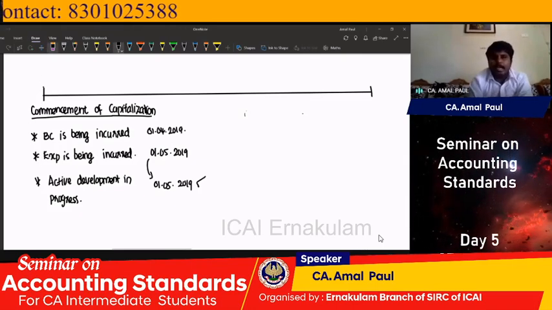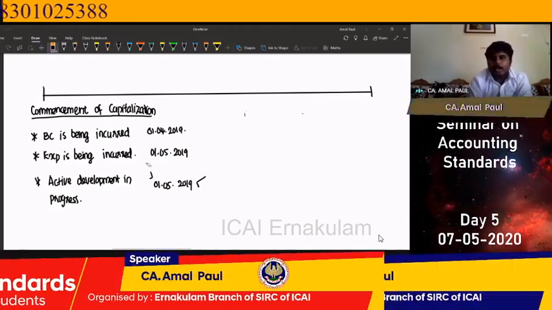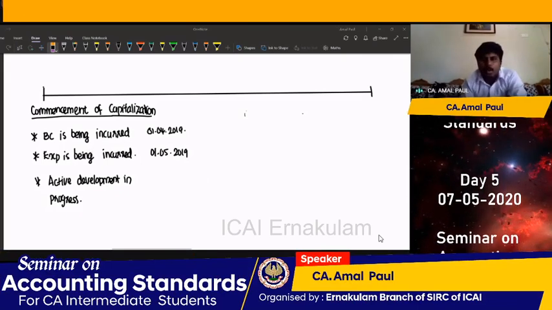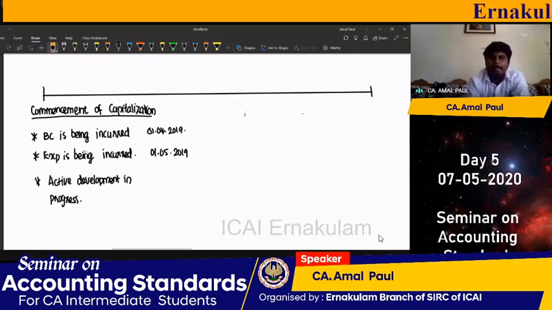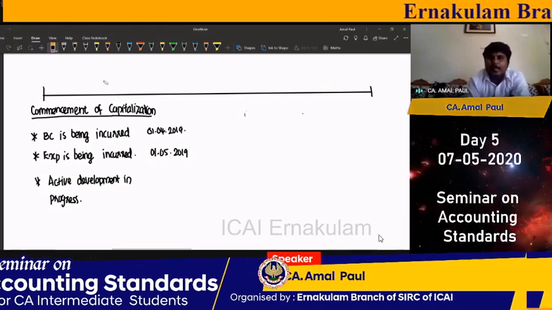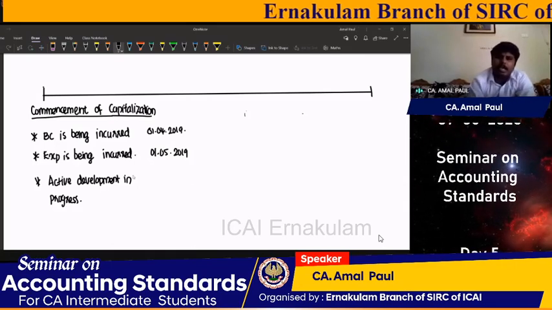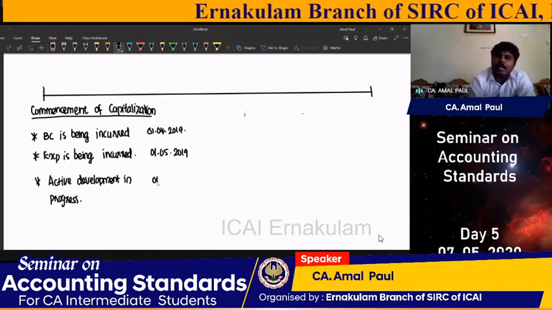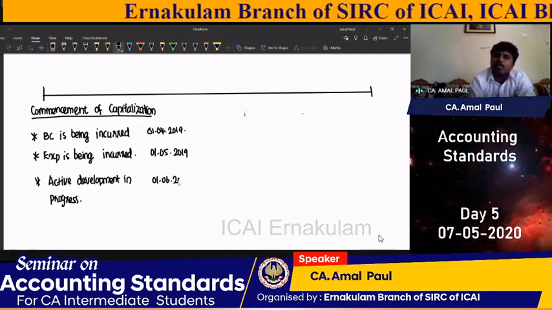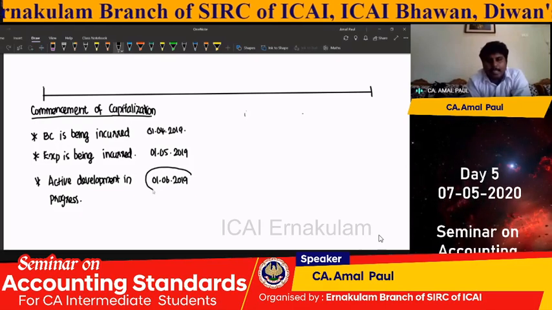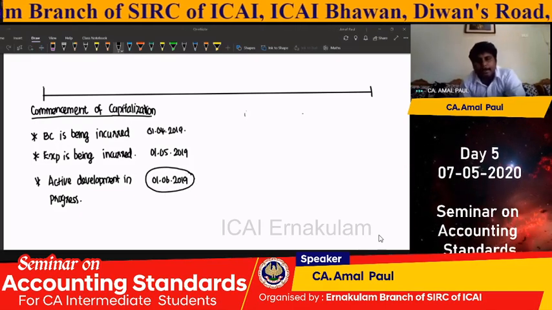Or we'll take another example. You had taken the borrowing on 1/4/2019. Okay, you had paid some amount to the contractor on 1/5/2019, but this contractor had started the construction on 1/6/2019 only. You can commence capitalization from this date only.